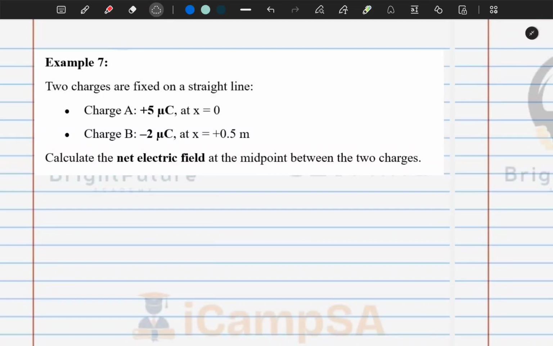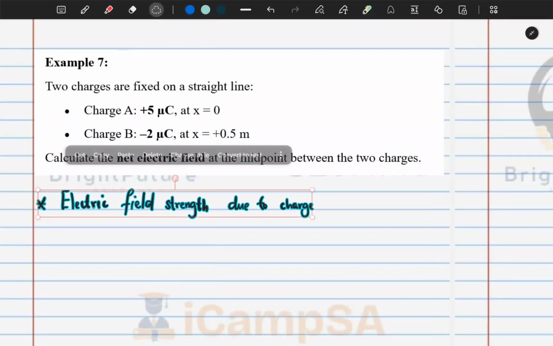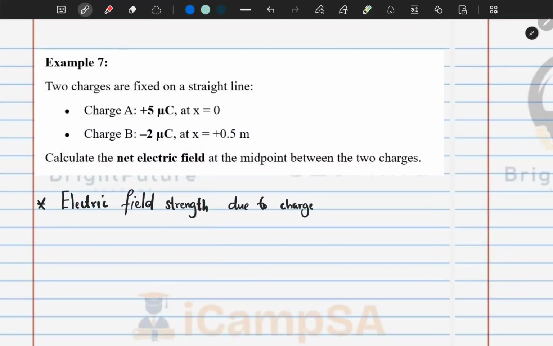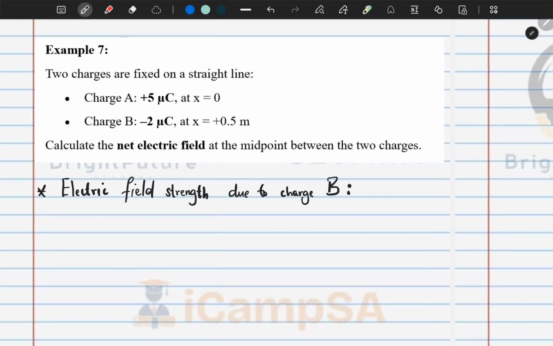So now that we have the electric field due to charge A, let's find the electric field due to charge B. Same thing, we call this E2.